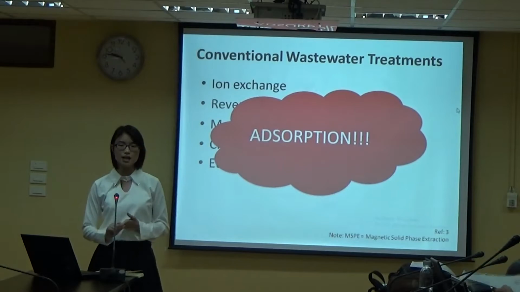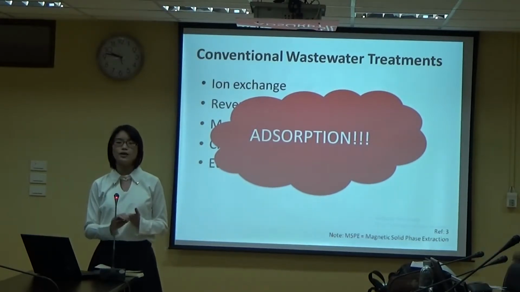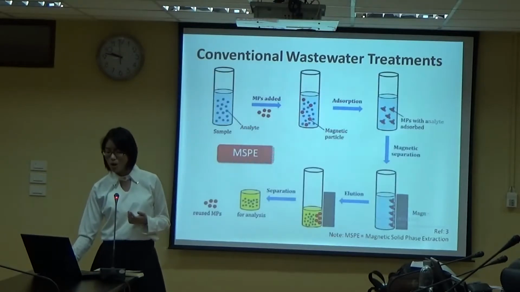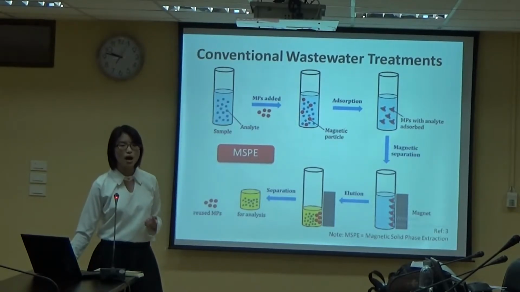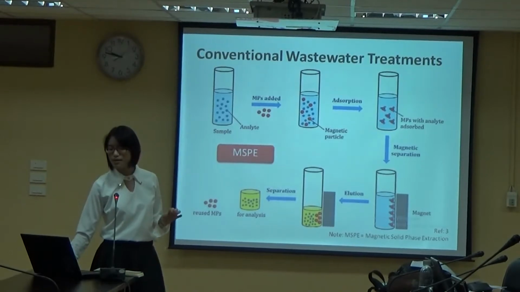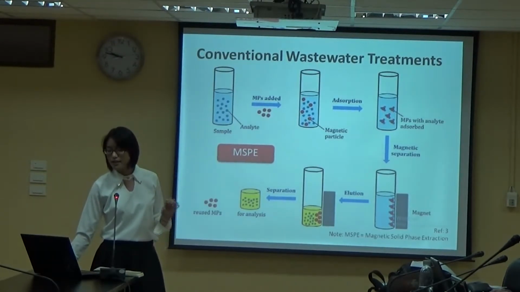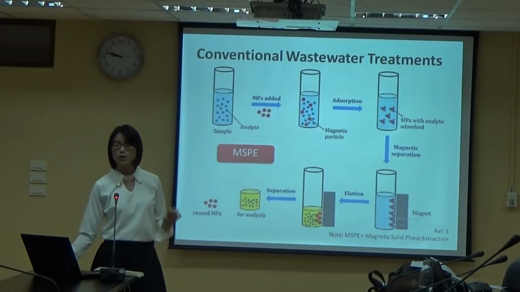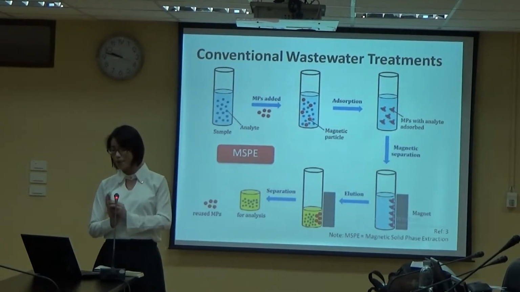Here, my presentation will focus on one of the techniques of adsorption, which is called MSPE, or magnetic solid phase extraction. And this picture shows how it works. Basically, we add magnetic particles to the water sample that contains the analyte, and then these magnetic particles will interact with or adsorb the analyte in the water sample.